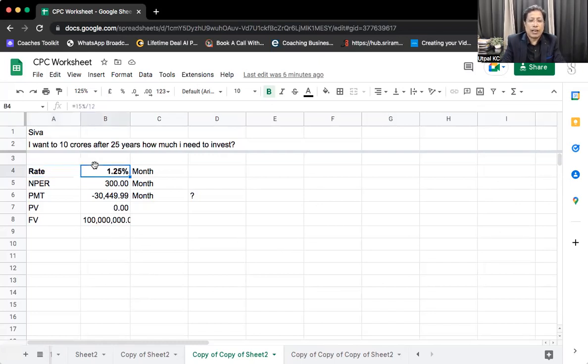Same way. Here only you can just change it: PMT, PV, FV. Your goal is 10 lakhs, right? So the goal is 10 lakhs, and the period is 5 years. 5 years means 5 times 12 is 60 months, and the rate of return is 15%. So here also 15%.